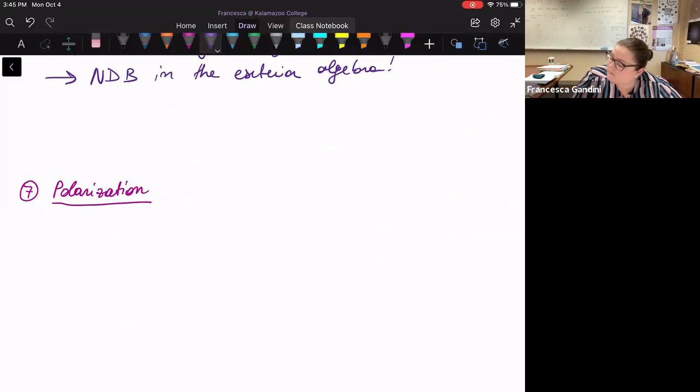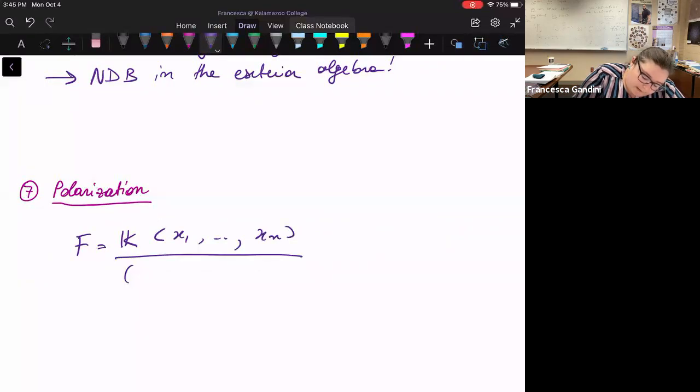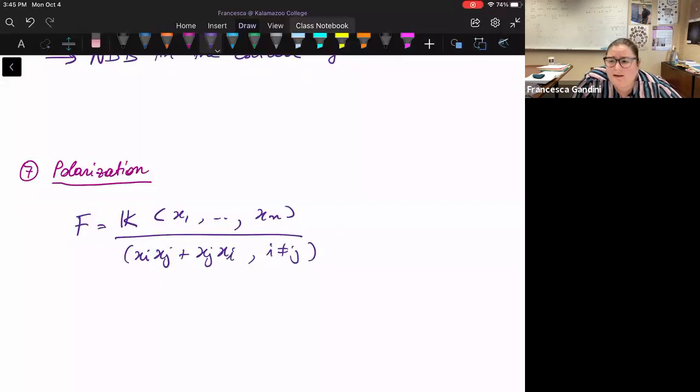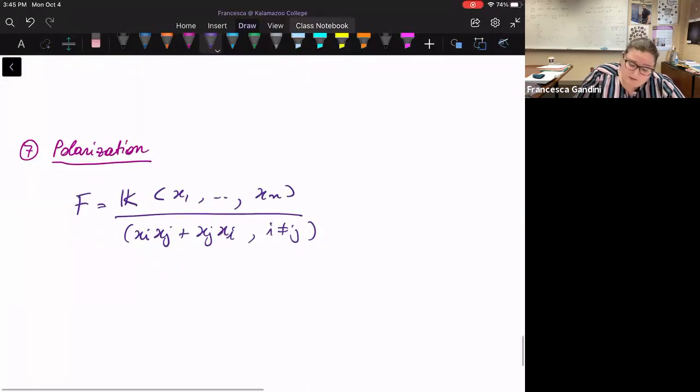The squares are not sent to 0. So if you look at this algebra F, which is K, x1 to xn, and we have xi xj plus xj xi, but now we need i different from j. So this is sometimes denoted a minus 1 skew ring. So here the Noether degree bound does not hold.